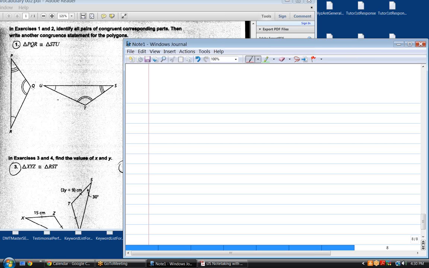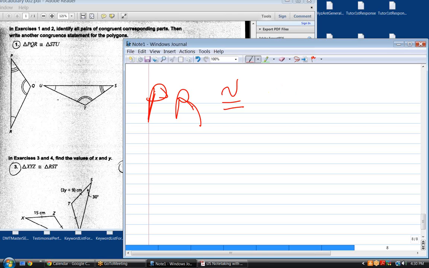Okay. Well, angle Q is the same as angle T, based on the double marks. So the side that is opposite angle T is the corresponding side that is opposite angle Q. So PR is congruent with what?